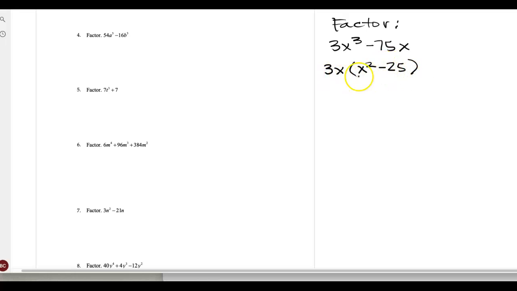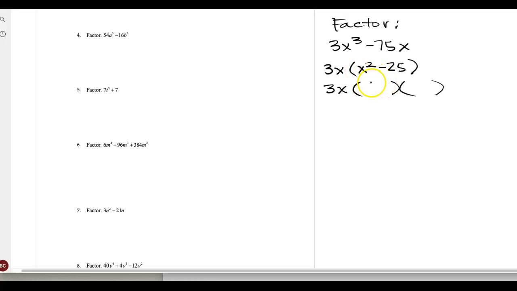All right, so now can this factor any further? Yeah, this x squared minus 25 is a difference of squares. So 3x stays on the outside, and then we're thinking to ourselves, what multiplies to be negative 25 that adds to be 0, because there's no x term in the middle? That's one way you can think about it.